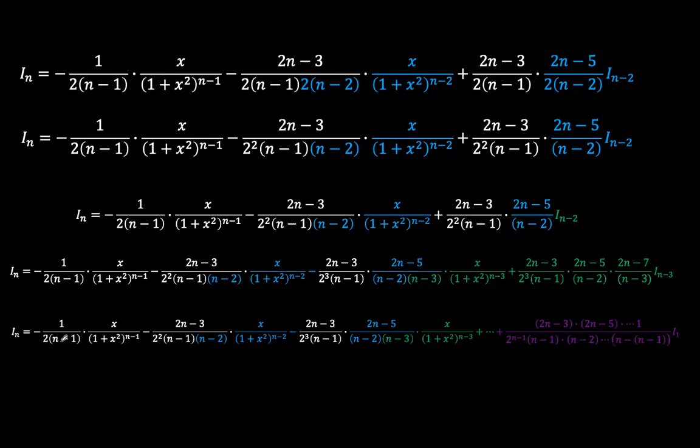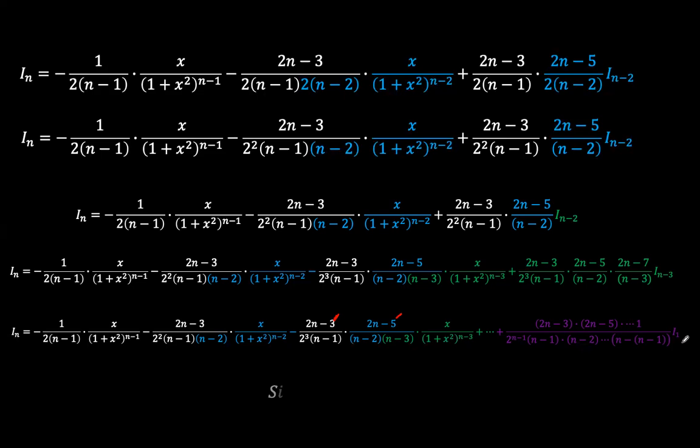So here we have 2 times n minus 1. Here we have 2 squared n minus 1 times n minus 2. Then we have 2 to the power 3 n minus 1 times n minus 2 times n minus 3. And then the numerator we have 1, 2n minus 3, and then 2n minus 3 times n minus 5. So these are kind of odd numbers here.